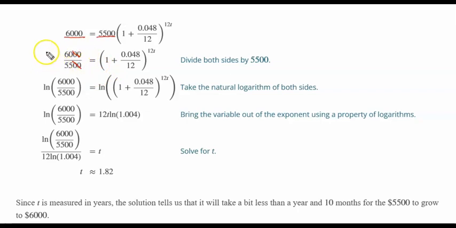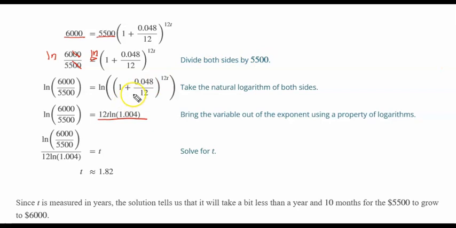Now, you're going to take the natural log of this side and the natural log of this side. Now, the natural log of e to the e power just becomes the exponent part here. And let's look at that more closely.